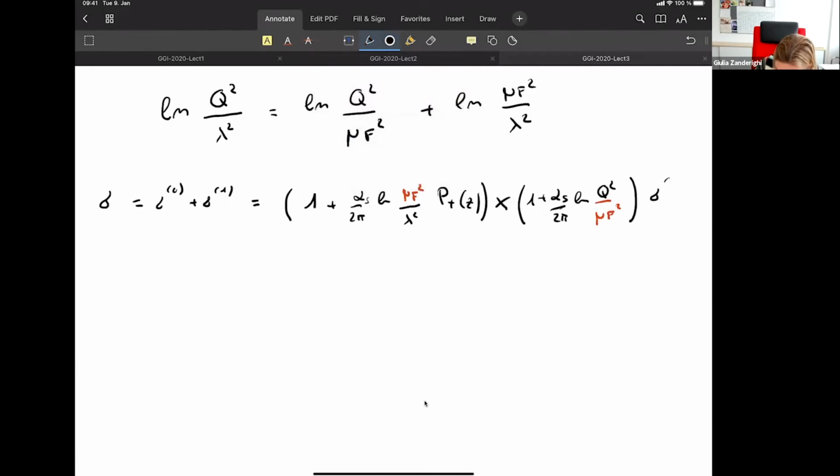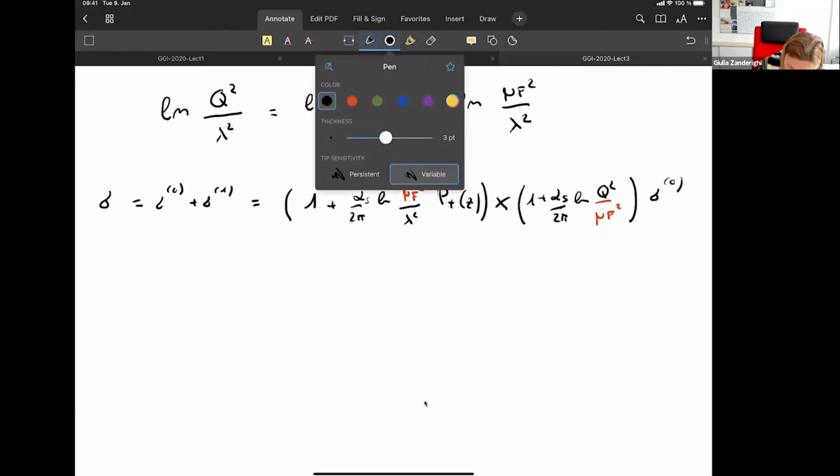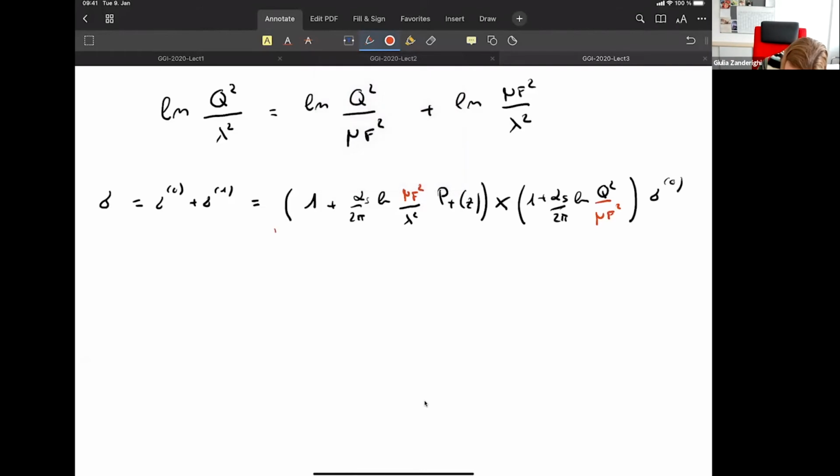times the sigma 0. And now what you can do is that you decide, arbitrarily if you want, to reabsorb this part into your PDFs when you compute your cross-section. And this part, instead, you keep in your partonic cross-section. So you redefine your parton distribution function.